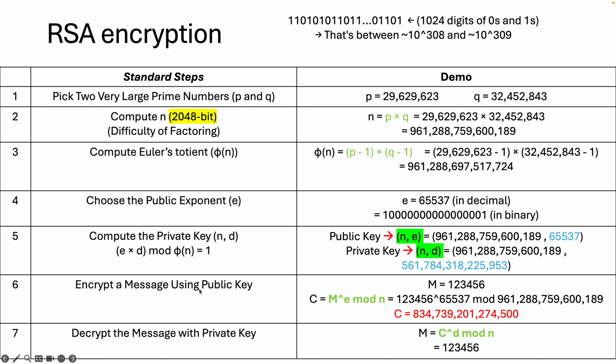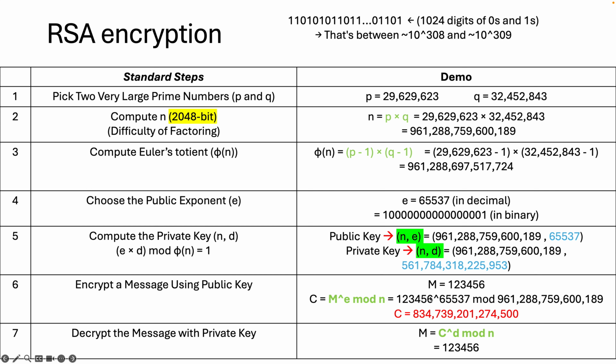Step 6. Encrypt a message using the public key. Let's encrypt a small message, like the number m equals 123456. We know all messages, all information in computers, are numbers, zeros and ones in binary.